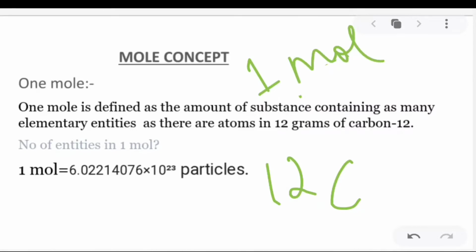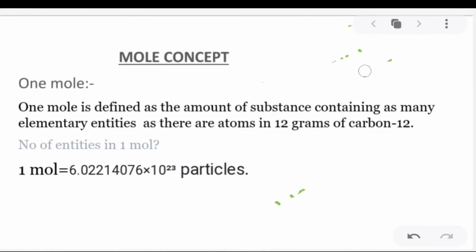Okay, so now how many entities are present in 12 gram of carbon-12 isotope? That is, how many entities are present in 1 mole? So the number of entities present in 1 mole has been given a separate name and a symbol.